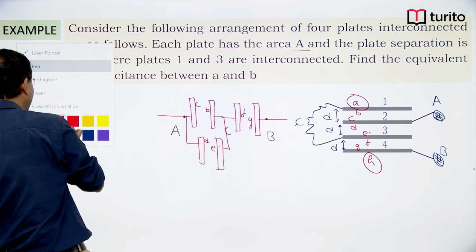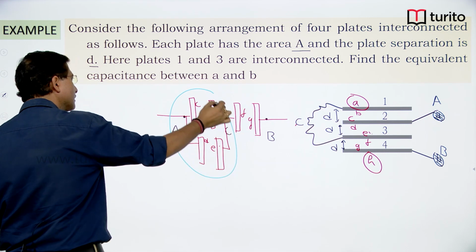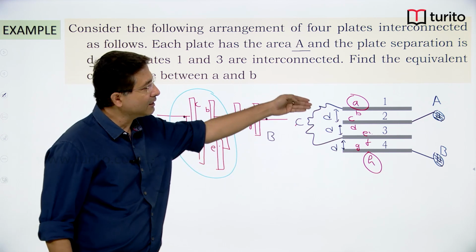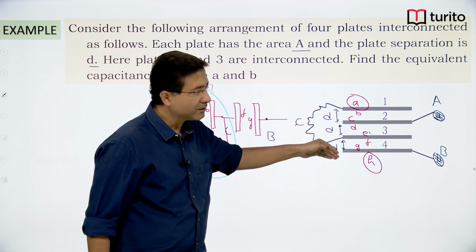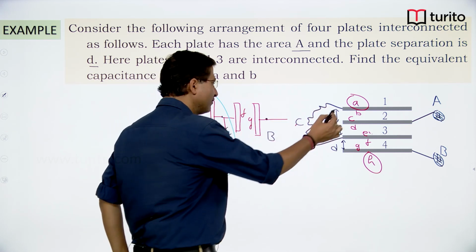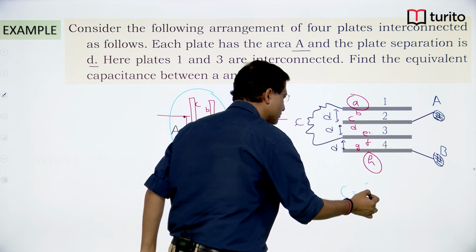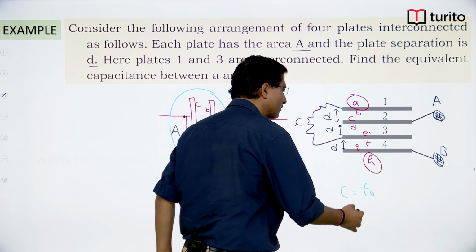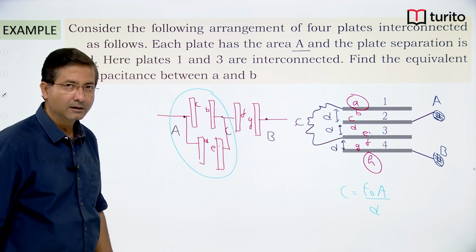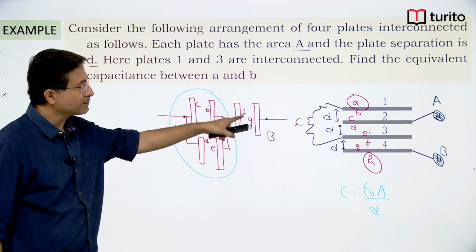So, as these two are parallel, I can write C1 plus C2, as the gap between them is same, area is also same, every space here is behaving as a capacitor of capacitance epsilon naught A by D, right.